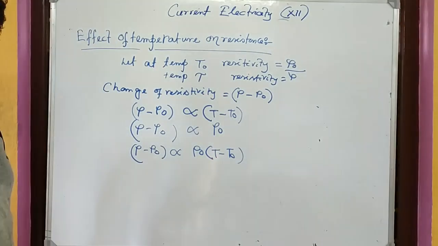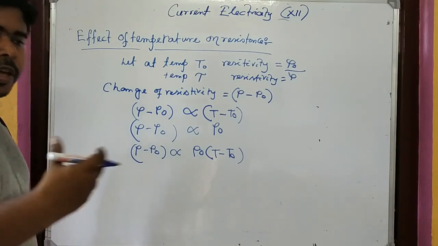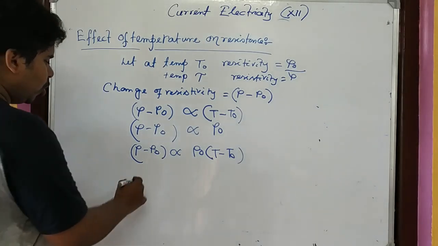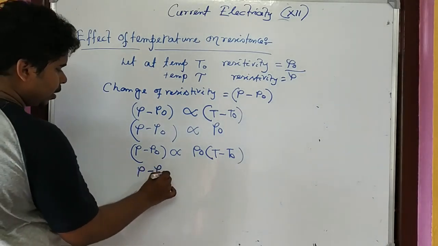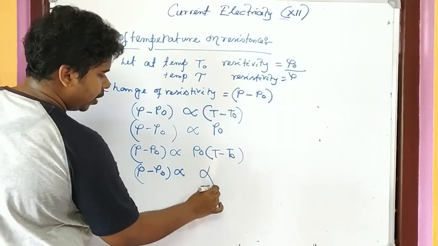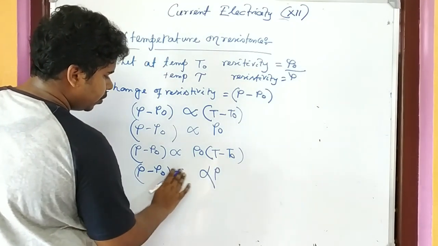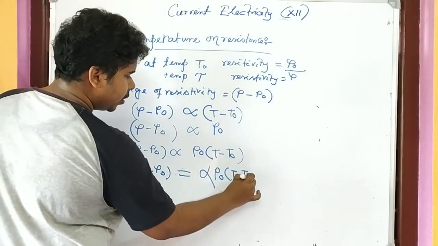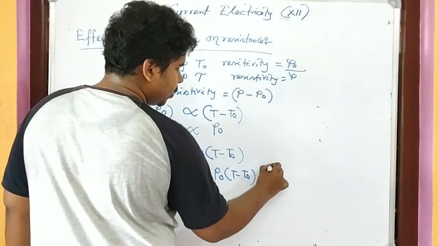The probability of collision is different for different elements, so we have to take a constant quantity here, and that constant is alpha: rho minus rho 0 equals alpha rho 0 into T minus T0.